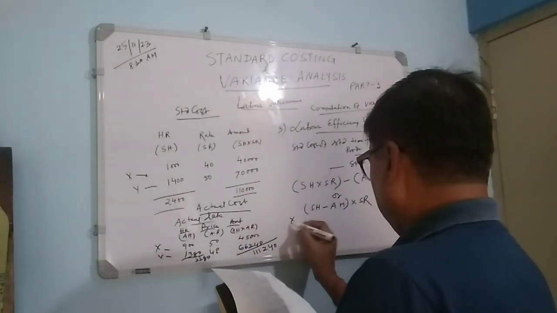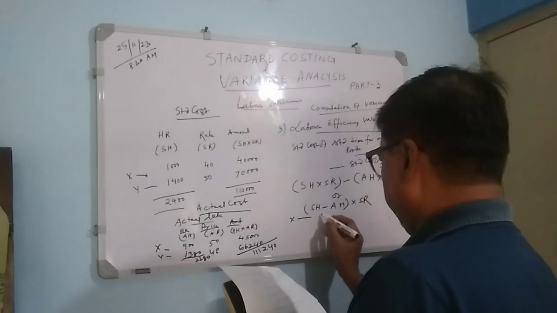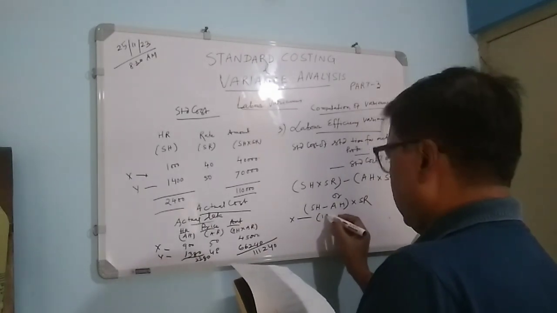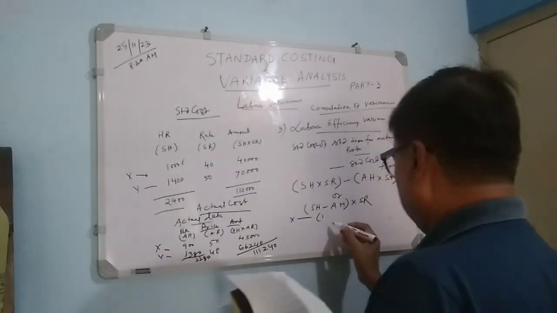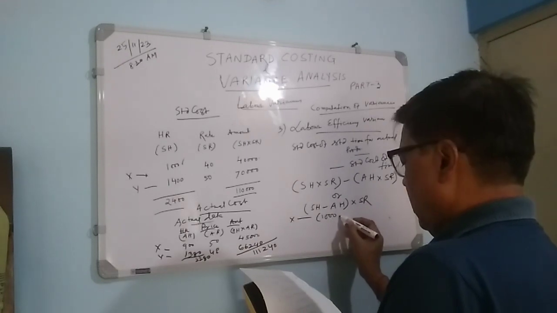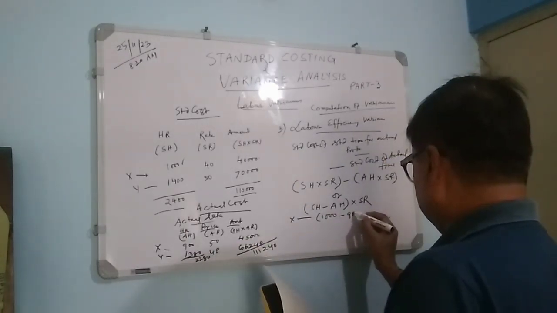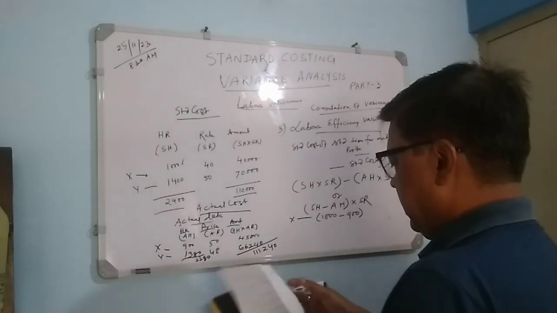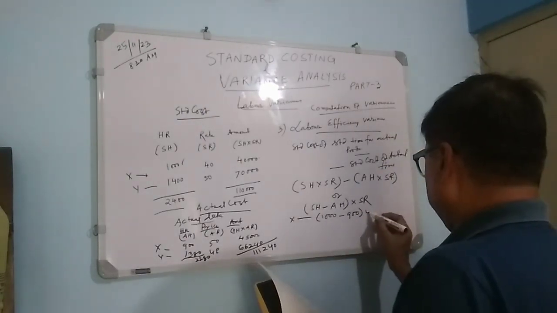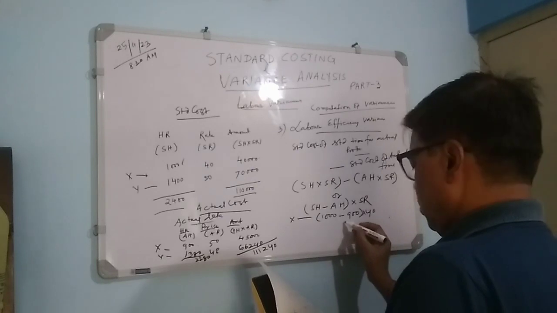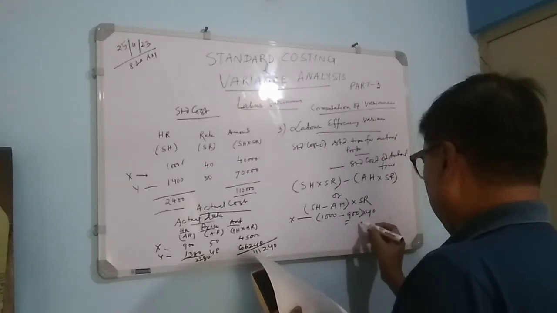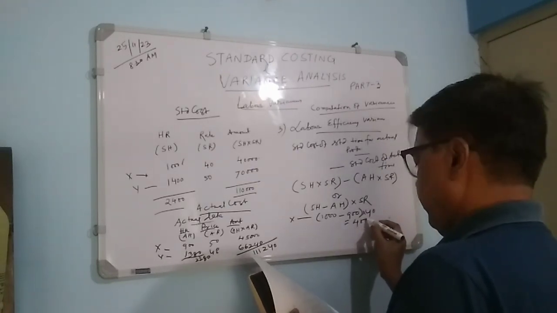So for labor X, standard hour is 1000 hours minus actual hours 900 hours, into standard rate 40. So the result is 4000.